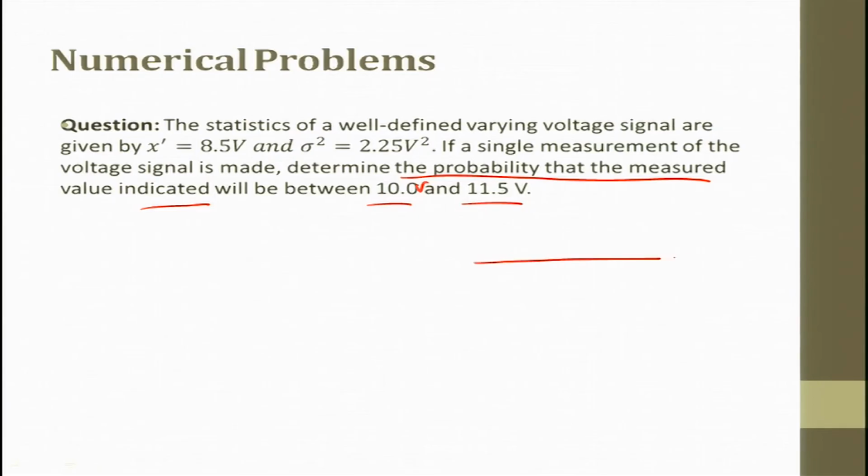Now I'll just draw the curve here: x dash is 8.5, and this is 10 and 11. I need this probability. I'll leave this question for you, and we'll have questions in the quiz based upon it. Just be mindful that this is sigma square, the variance, so we need to take the square root to find the standard deviation. So this is left for you.